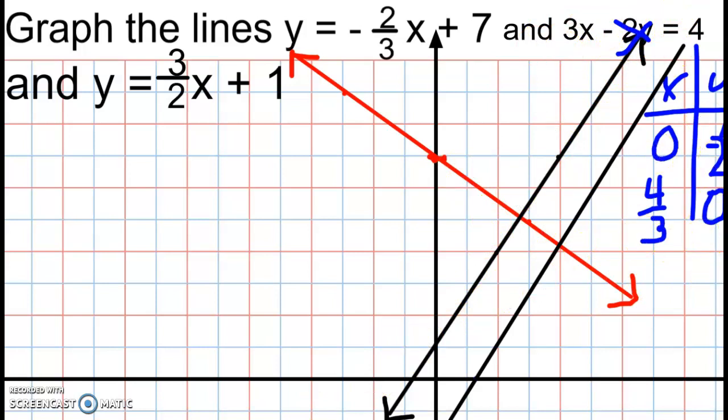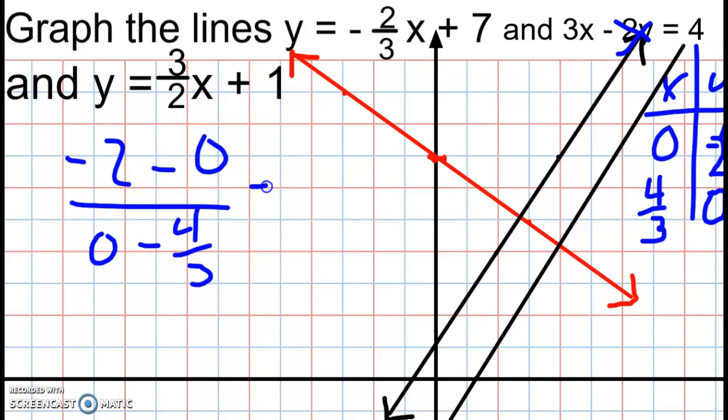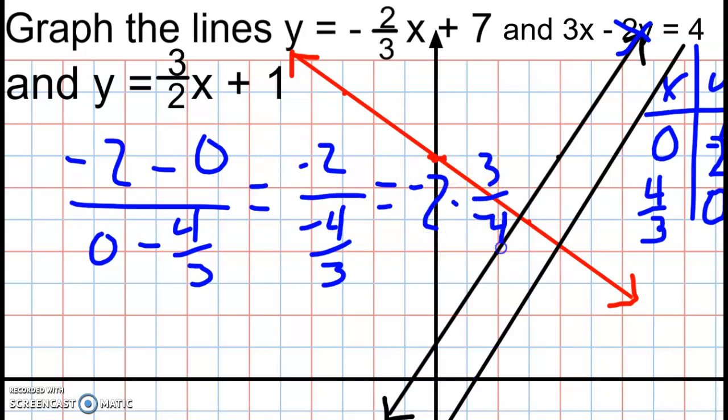I would have to subtract the y's and x's. So I'm going to take -2 minus 0 over 0 minus 4/3. That gives me -2 over -4/3. When I divide by a fraction, I multiply by the reciprocal, and that gives me +3/2. So both these black lines have a slope of 3/2.